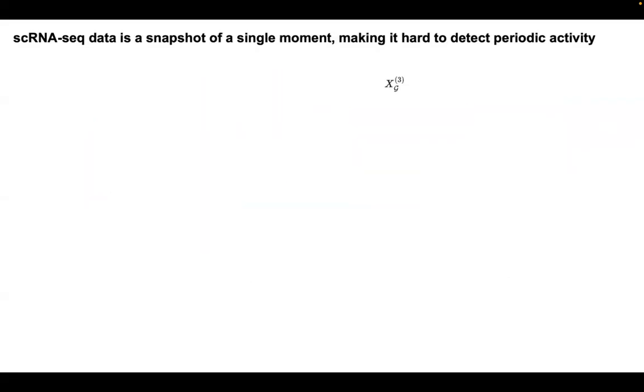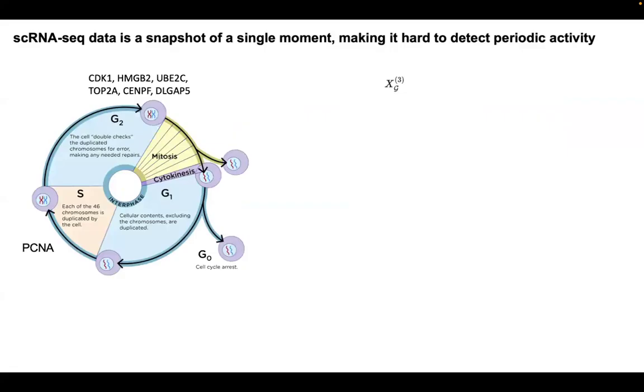But the problem is that single cell RNA sequence data is a snapshot of a single moment, making it hard to detect periodic activity. For example, here is the figure for the cell cycle. This clearly forms a cycle structure. Also, we assume that the tissue contains sufficiently many cells so that cells are well distributed along the cell cycle.